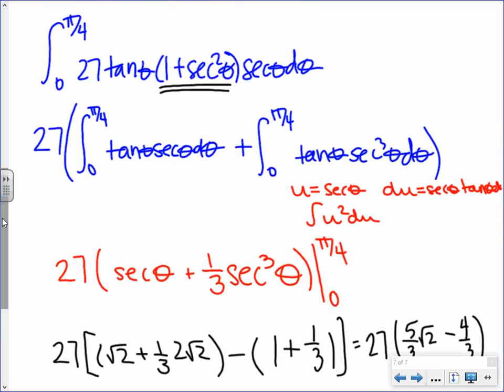That's not tangent squared, is it? That is, wait. So we have this means secant squared minus 1. We got all the way through the problem before anybody noticed that.